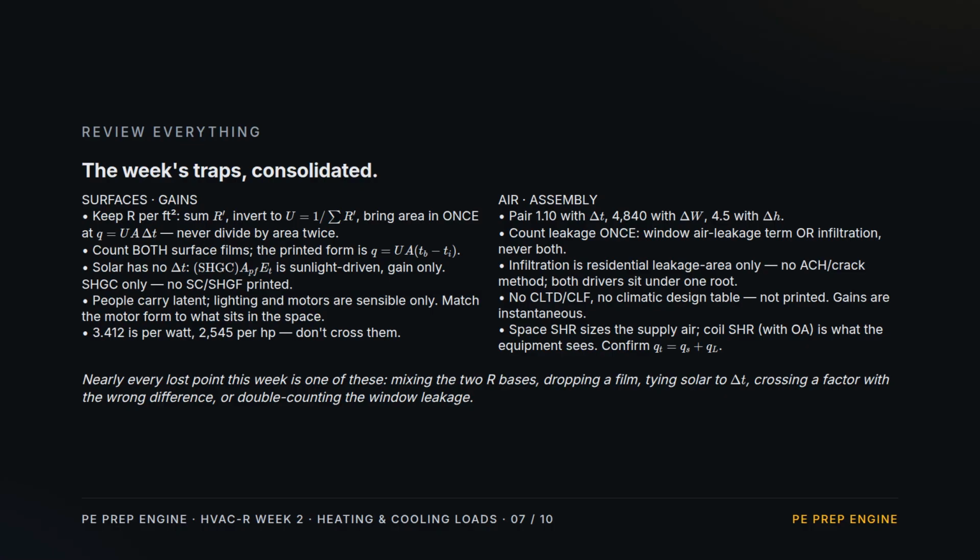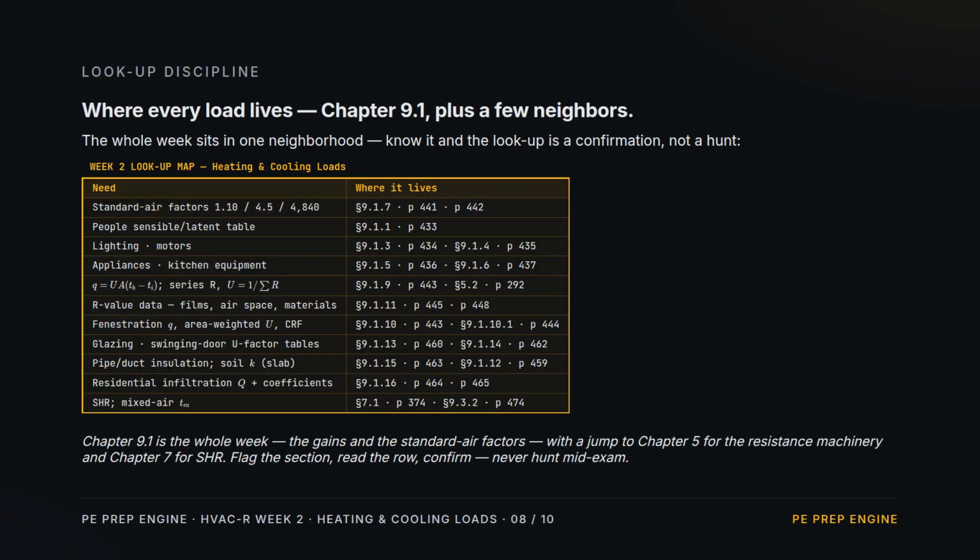Count leakage once. Infiltration is the residential leakage area method only. There's no cooling load factor or climatic table in the handbook. And the space sensible heat ratio sizes the supply air, while the coil value, with outdoor air, is what the equipment sees.